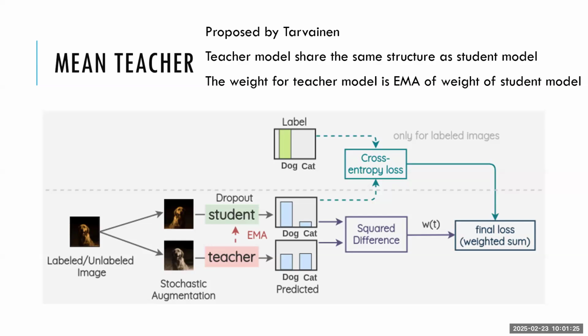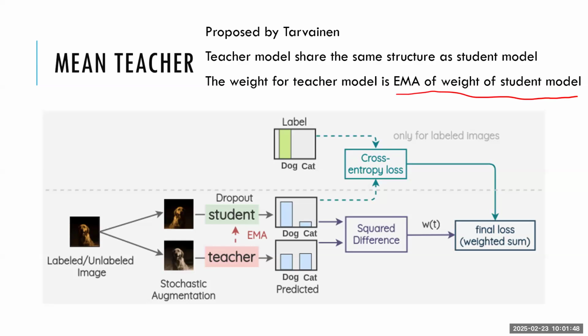So normally the teacher and student would have the same neural network structure, right? And for the teacher, the teacher is the EMA of the weight of the student model.